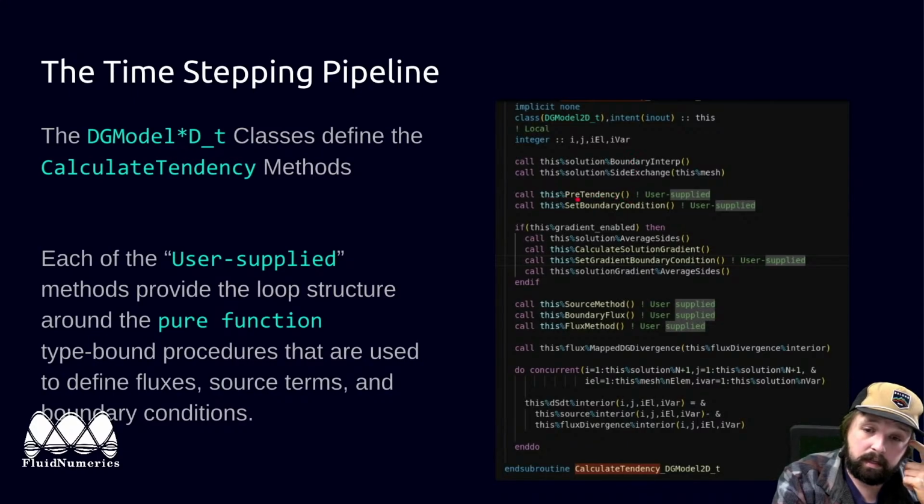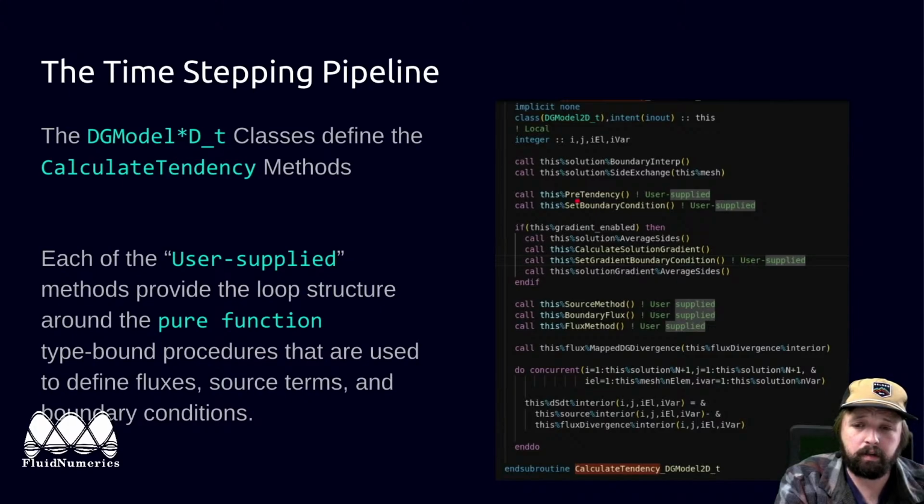But as part of the pipeline, okay, so we do boundary interpolation, we do side exchange. This pre-tendency, honestly, this came about for a number of reasons. For example, and I won't get into too many details, but the nonlinear Euler equations, you usually model the conservative variables. So this would be density, momentum, so rho times u, rho times v, and total energy.